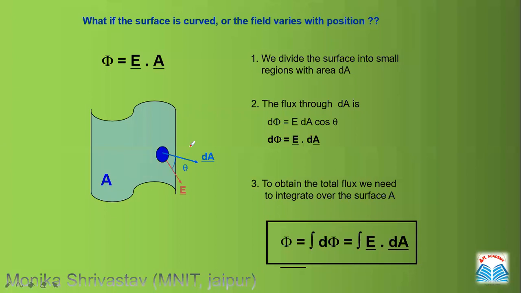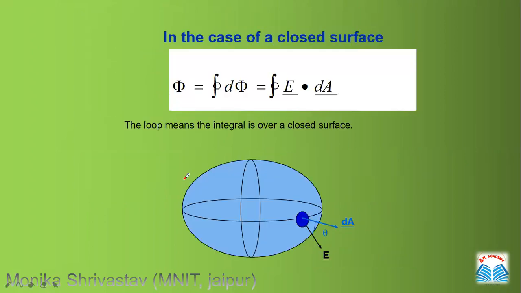Yes, there are equal chances, and for different geometries, what we do is calculate the flux d phi for a small area dA, and then integrate over the whole surface. We will do this for the different geometries of any surface.